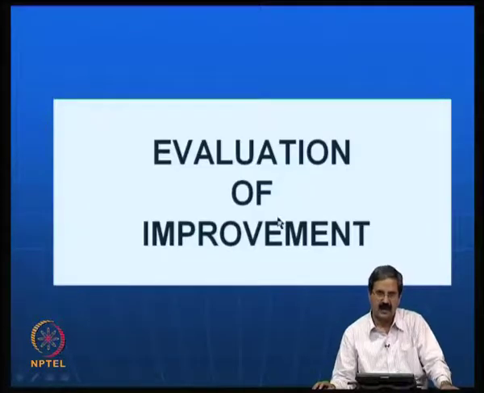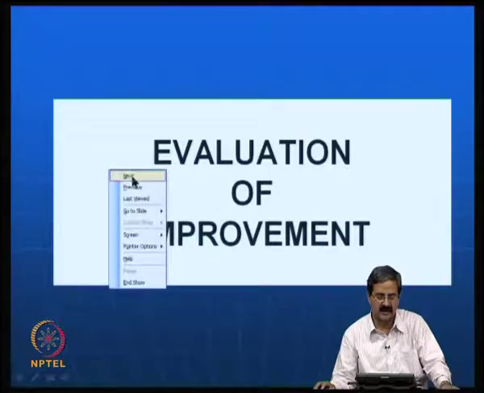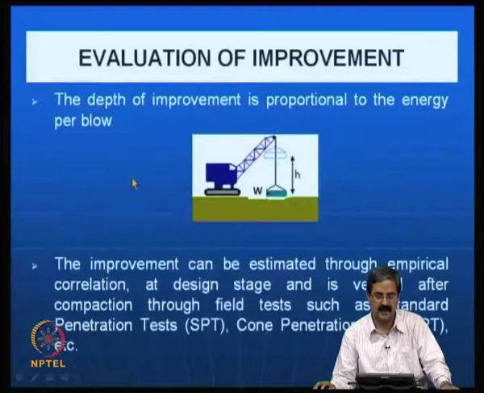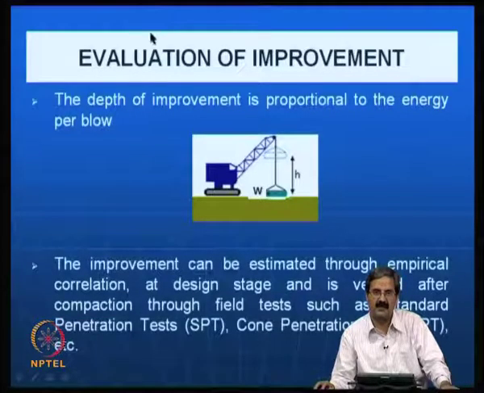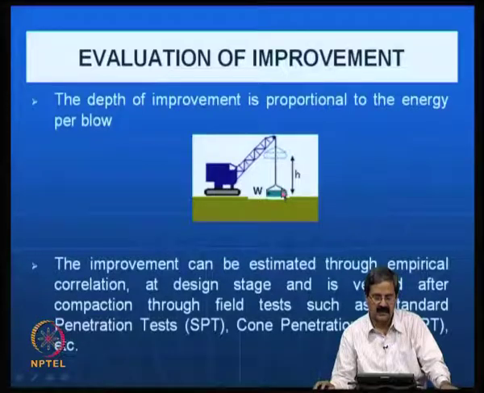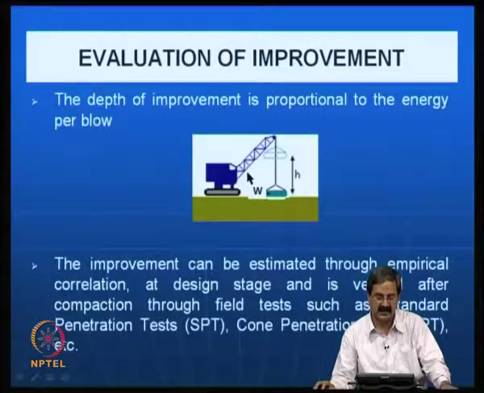Then how do you evaluate the performance of these materials improved using dynamic compaction? We will see that. As I just mentioned, the depth of improvement is proportional to energy per blow. You have some weight, you have some energy, and that much energy is imparted to the system, and how do you assess whether it is improved or not?